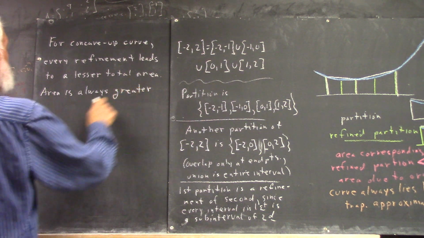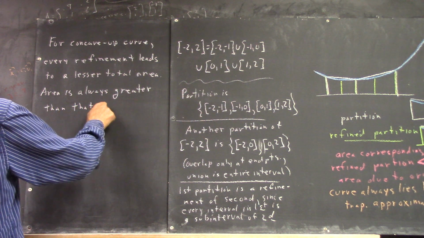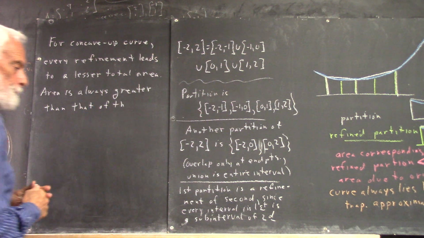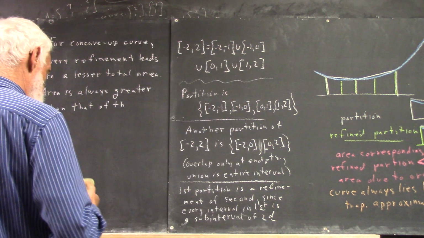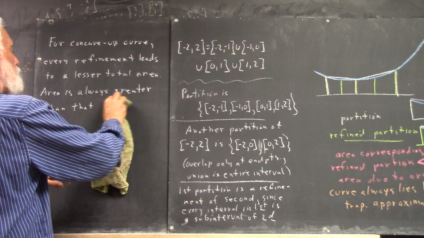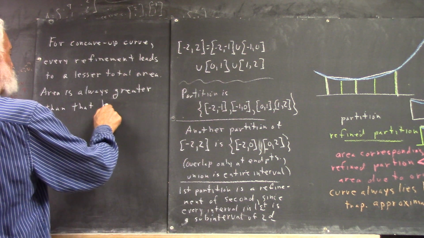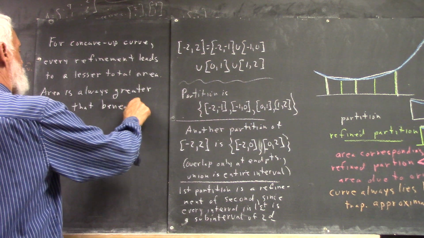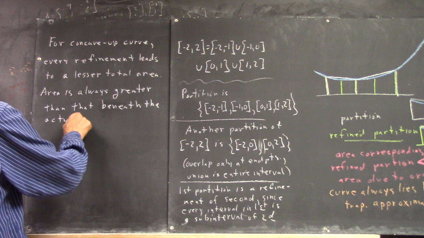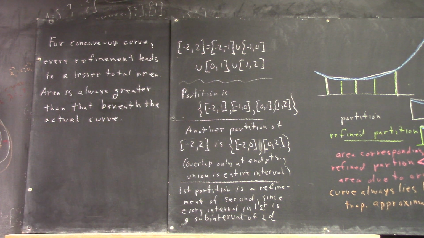The area is always greater than that beneath the actual curve.